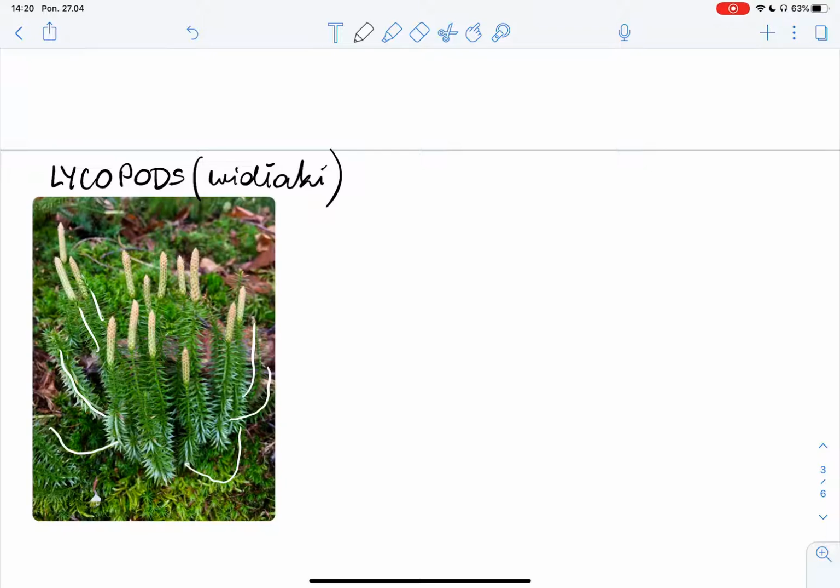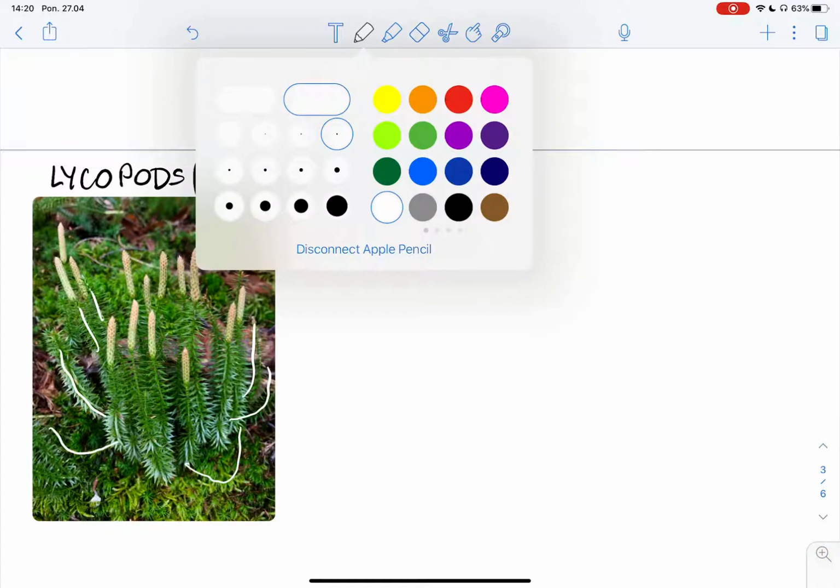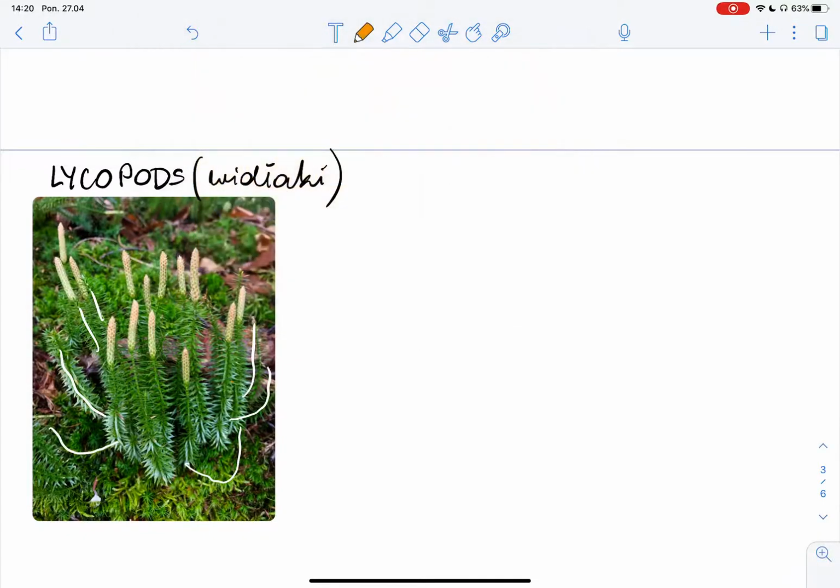And guys, here are tiny leaves, and those are actual leaves. Here those parts are also sporangiums from which the spores are being released. And they also have roots below the ground.